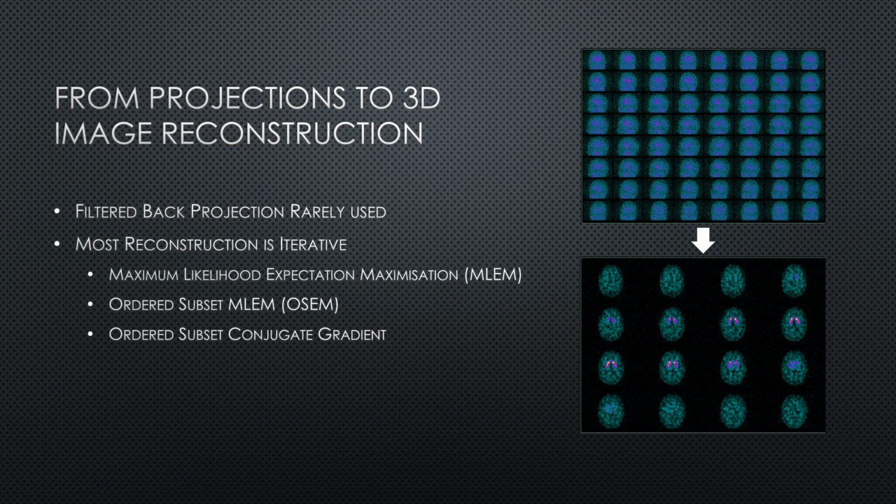Most systems now use reconstruction that is iterative. The base of iterative reconstruction is a method called maximum likelihood expectation maximization, or MLEM. But more common are the things based on this, which is the ordered subset MLEM, otherwise known as OSEM, or ordered subset conjugate gradient.